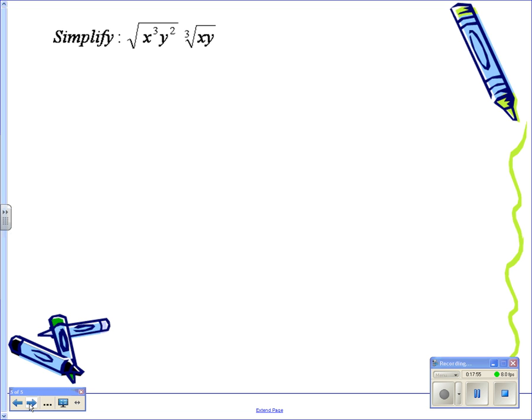They'll also use variables. It's the square root of x cubed y squared times the cube root of xy. They're two separate radicals. Does that make sense?